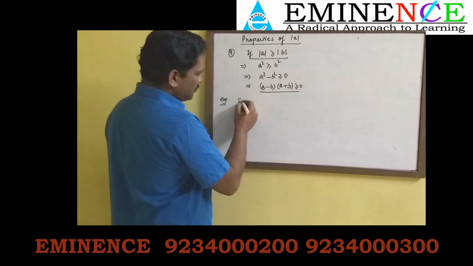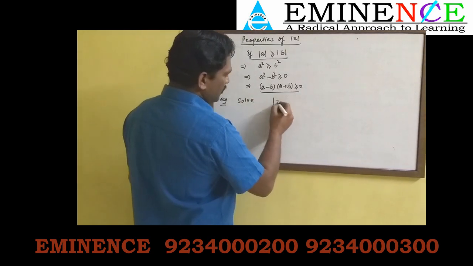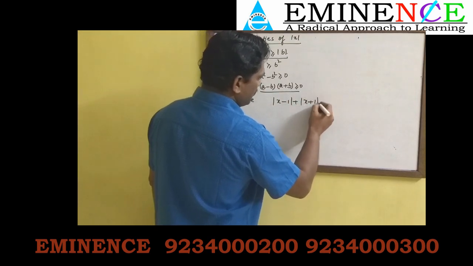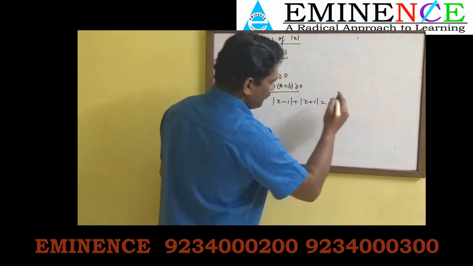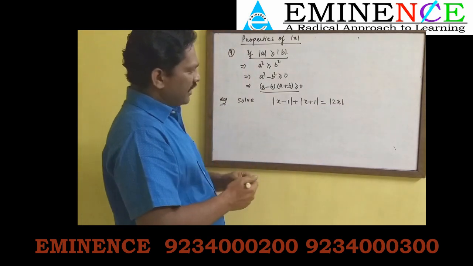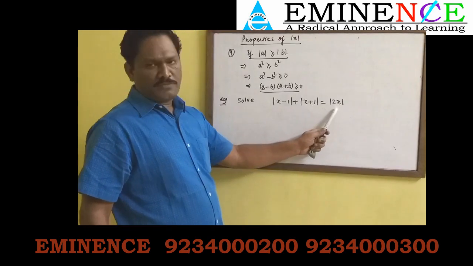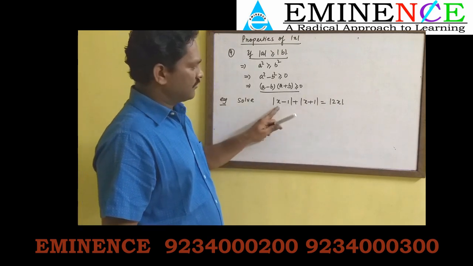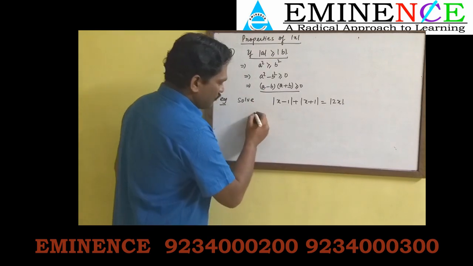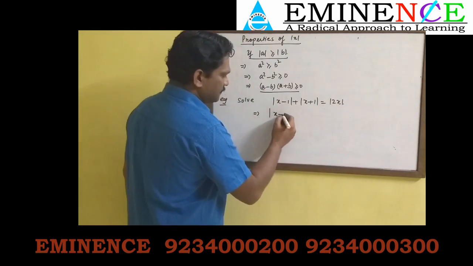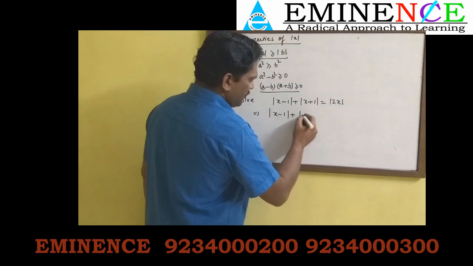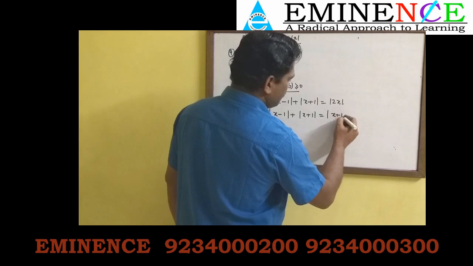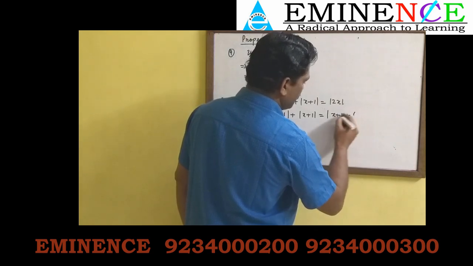Suppose I ask you to solve modulus of x minus 1 plus modulus of x plus 1 is equal to modulus of 2x. If I try to solve this using the normal process, I have to define these three terms free from modulus. But if you mark one common thing, the property I told you previously, I can write this as x plus 1 plus x minus 1.